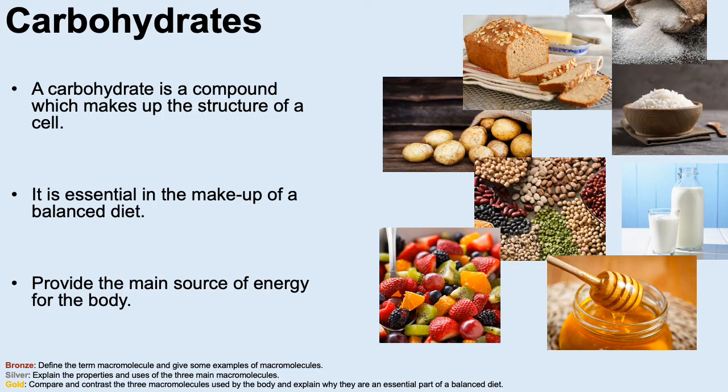So our bodies tend to use carbohydrates first, and then they go on to lipids and proteins. So some examples of carbohydrates include sugar up here, bread, rice, potatoes, these are lentils in here, milk, honey, and fruit juices.